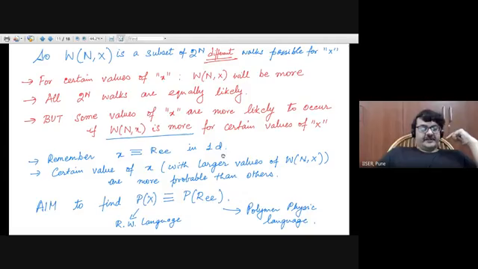And the corresponding language will be that for a certain value of end-to-end distance, the number of random walk conformations are more likely than the others, and thus we can calculate which values of x, or which values of R_EE, are more likely than others.